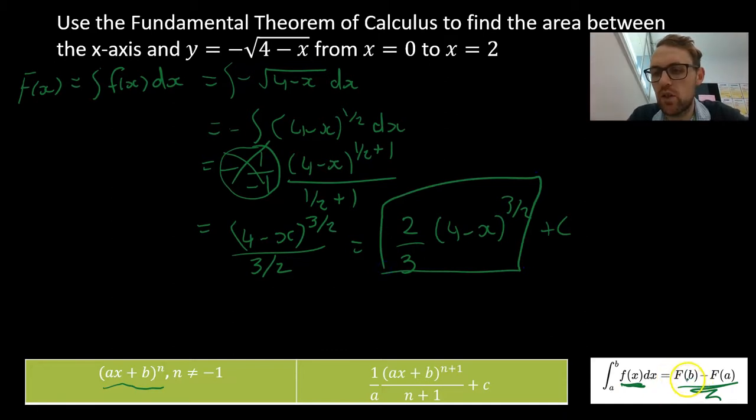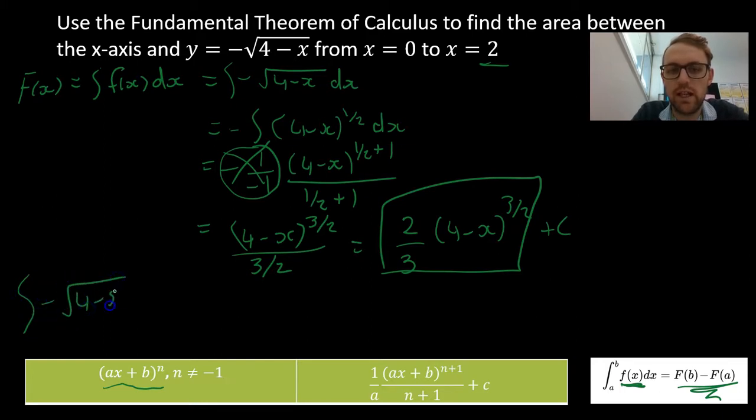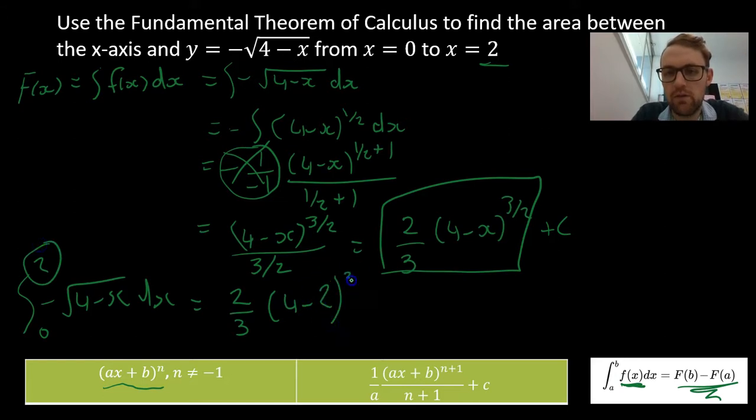So we need to put in this term and start with our b, our top part, so that's 2, and finish with 0. So what this is going to look like is the integral of negative square root 4 minus x from 2 to 0 dx is equal to 2 over 3, 4 minus, we put our 2 in, 2 to the power of 3 over 2, subtract 2 over 3, 4 minus 0 to the power of 3 over 2.